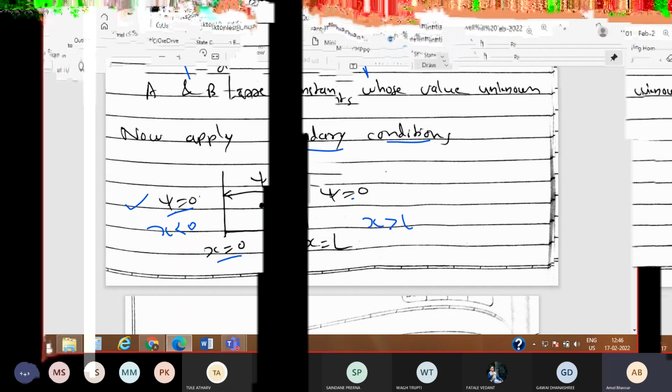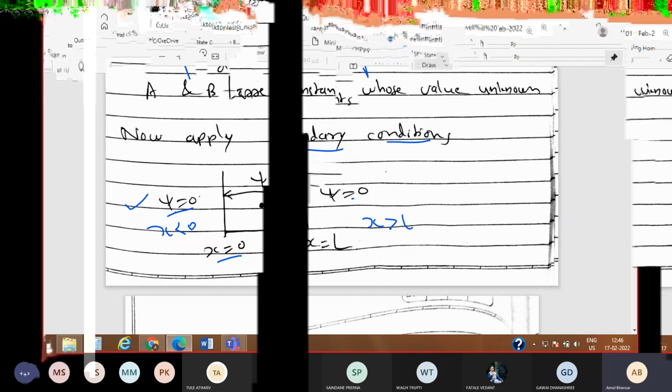The graph is like this. Mod of psi 2 square is equal to what? You will get this kind of graph. Okay. Then mod of psi 3 is like this. Put the value of n is equal to 3.